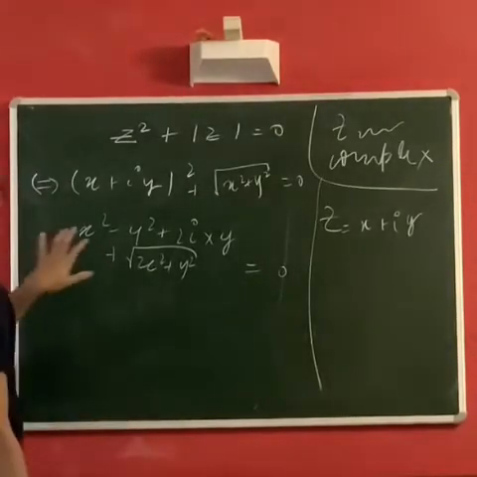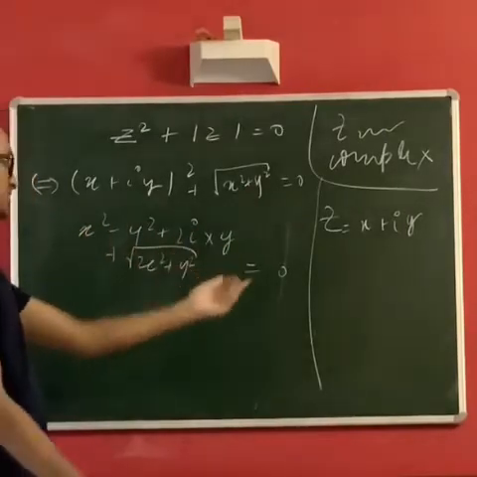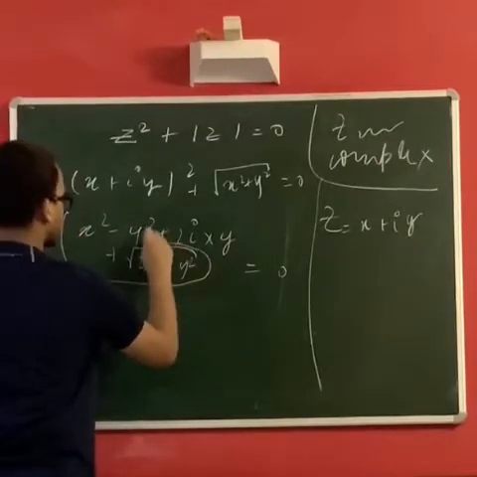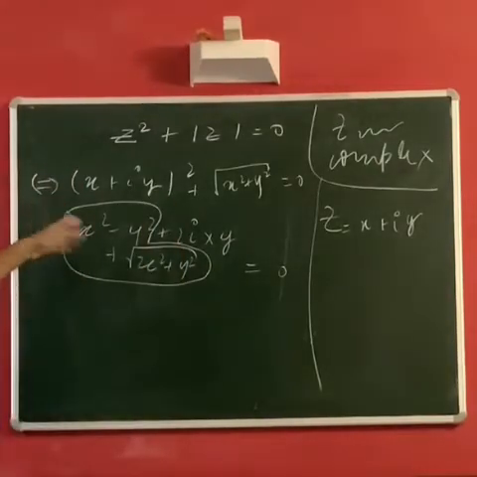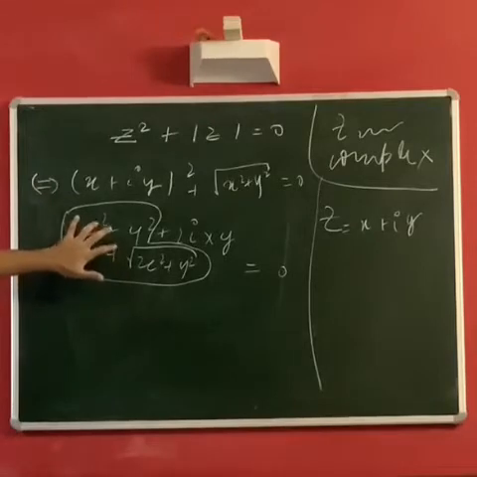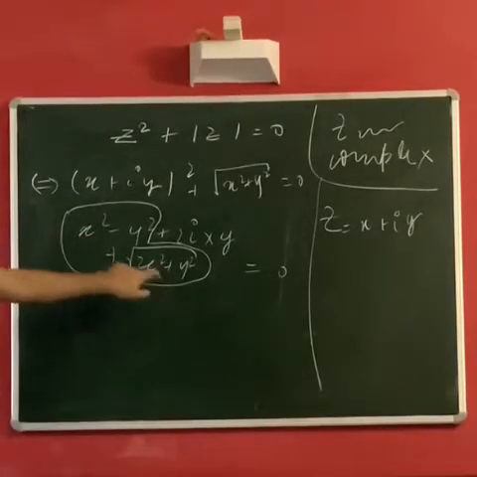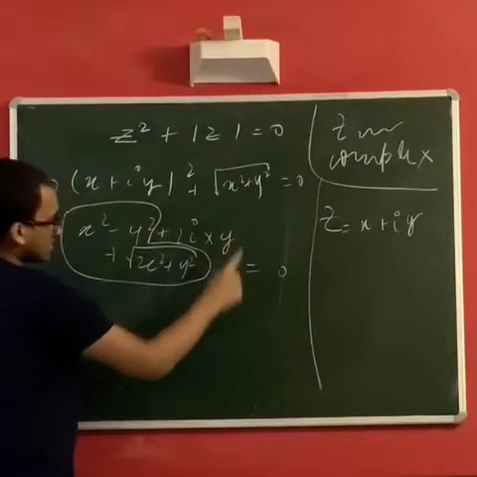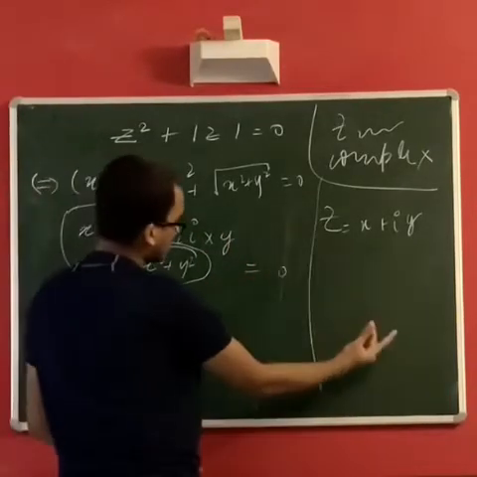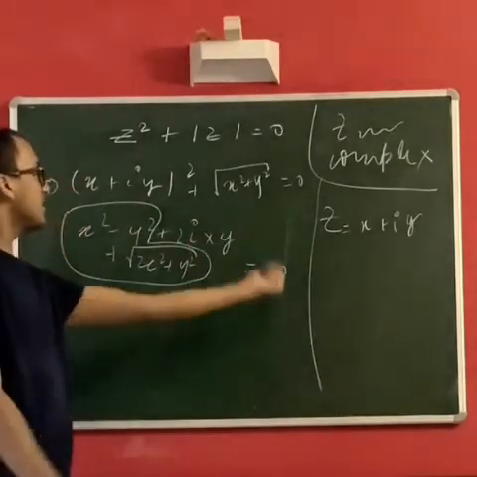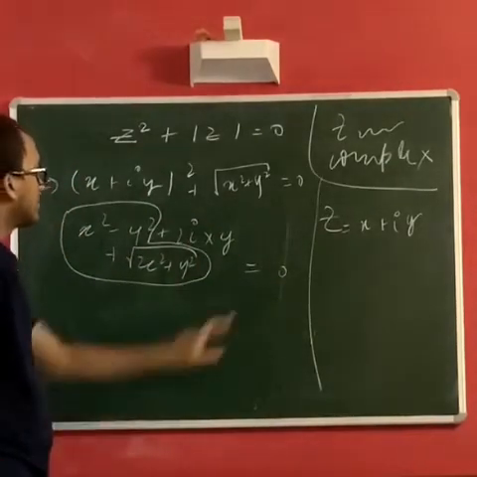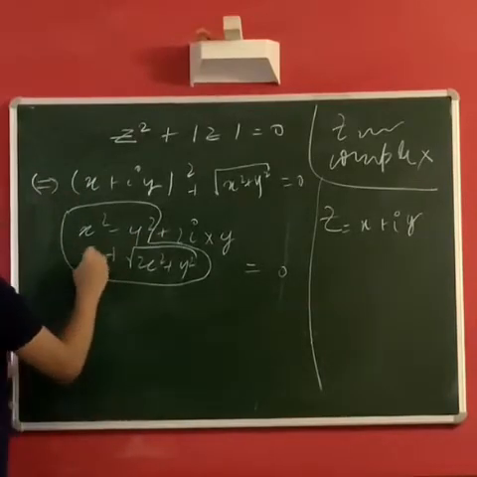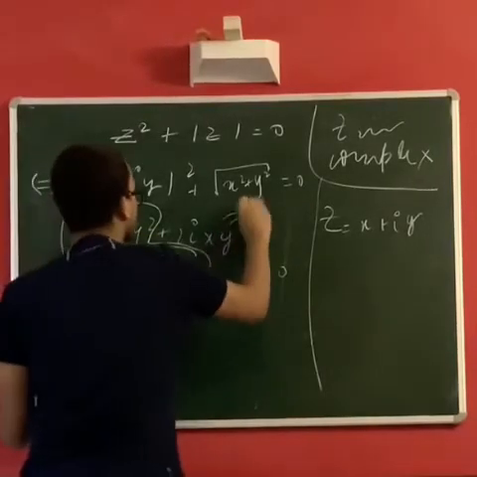So in this case, because x and y are real numbers by the definition, this whole part is real, because this is positive and these both are real, and this is strictly imaginary because these both are real. But on the right hand side, both the real part and the imaginary part are 0. So we have to equate them now. One is this is equal to 0 and the other is this is equal to 0.